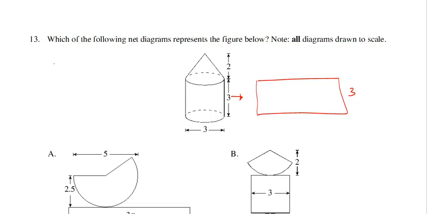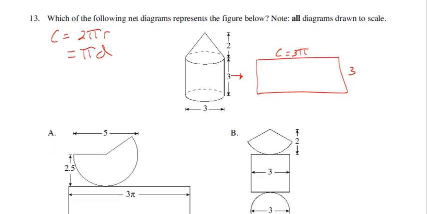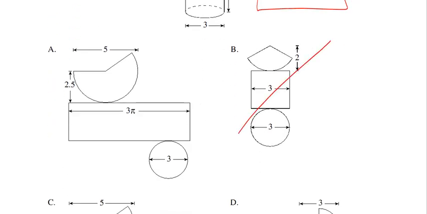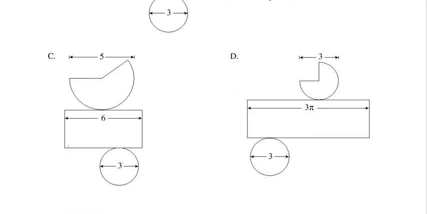And if you remember, if you want to find the circumference, if we unfolded this, it would make this rectangle. The circumference is at the top, c. Well, what's c equal to? Circumference is either equal to 2 pi r or it's equal to pi times d. So in this case, the circumference would be equal to pi times 3, or just 3 pi. So that tells me that I can eliminate b, and I should be able to eliminate d right here.